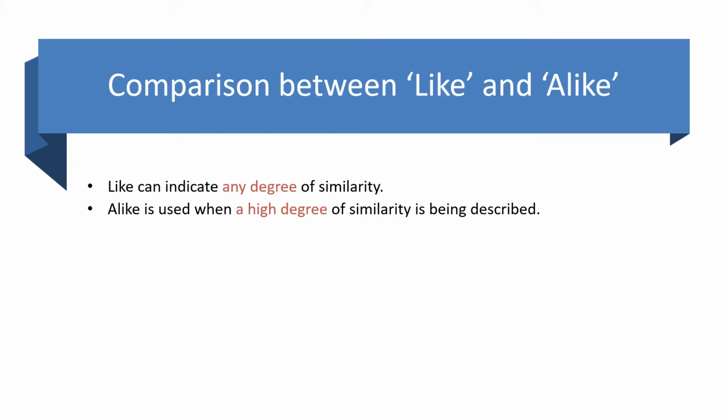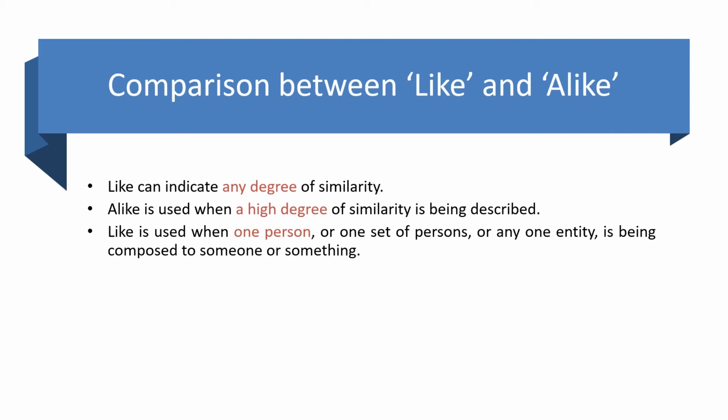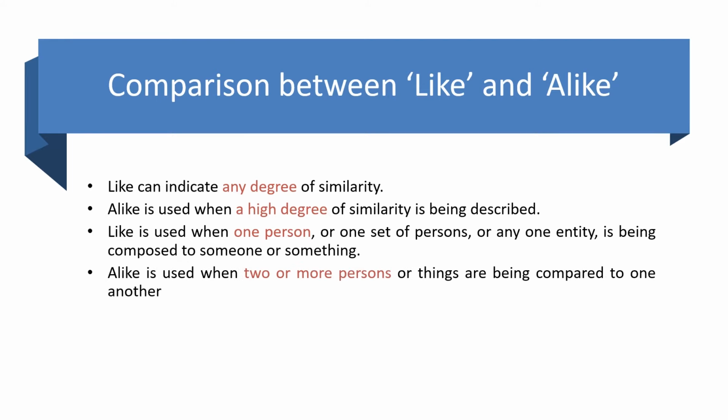Another point to keep in mind is like is used when one person or one set of persons or any one entity is being compared to someone or something. But alike is used when two or more persons or things are being compared to one another.